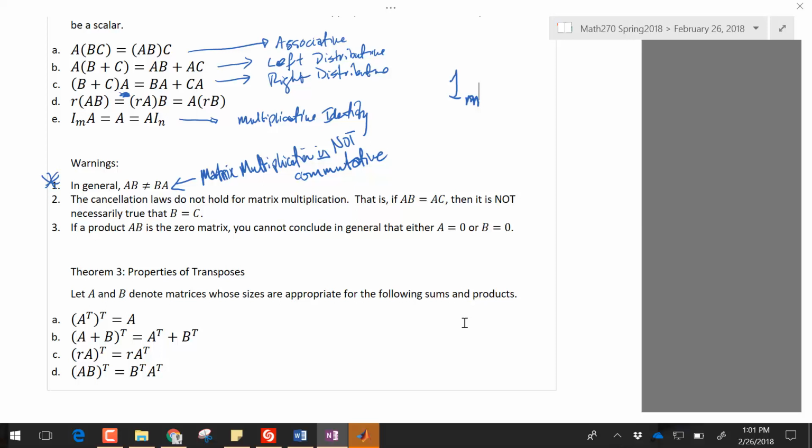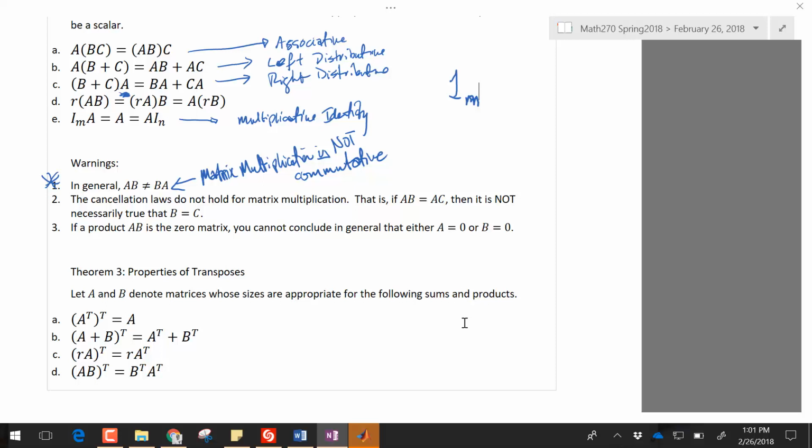Now the last one is another one of those that's not so obvious: the transpose of a product is equal to the product of the transposes, but in reverse order. What? Yeah.